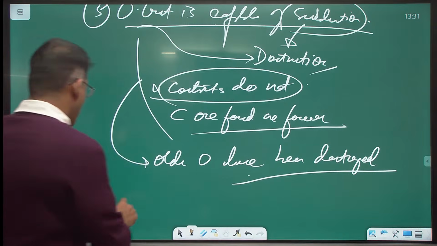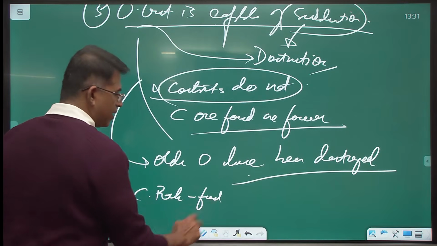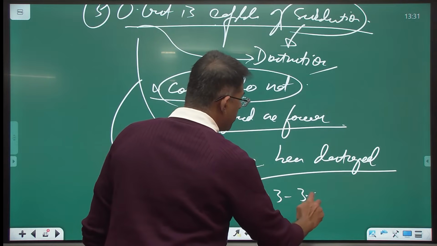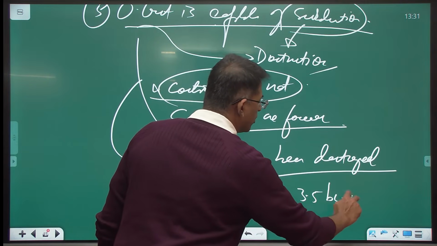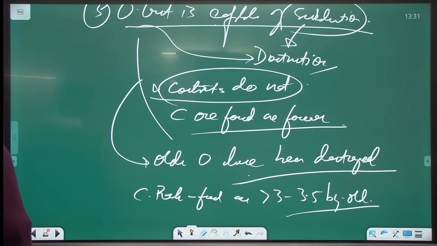Continental rocks found are more than 3.5 billion years old. They have been found in many places, like Canada, India, and Africa. The rocks of the continents are more than 3.5 billion years old.